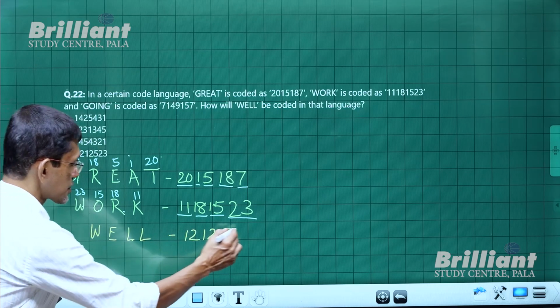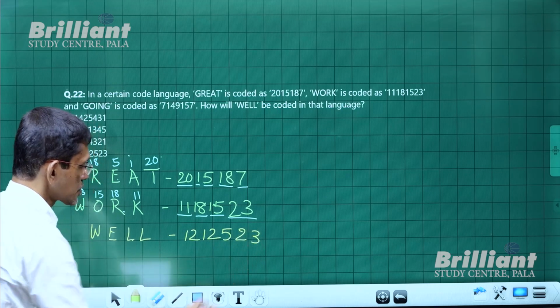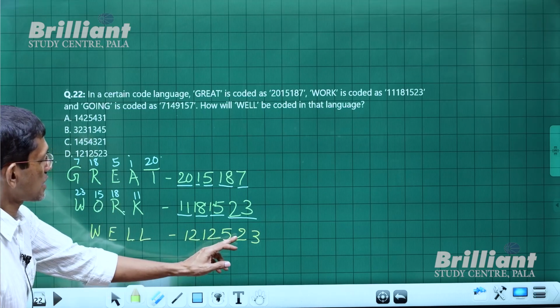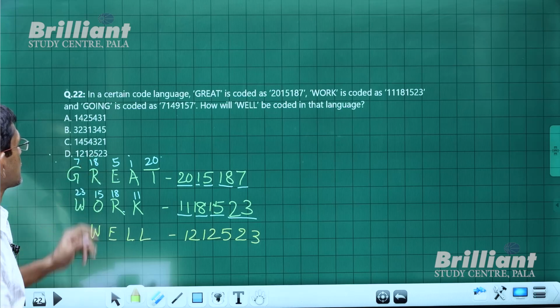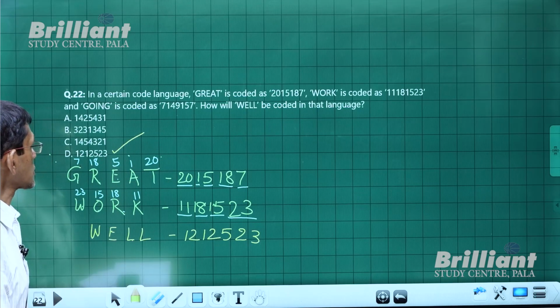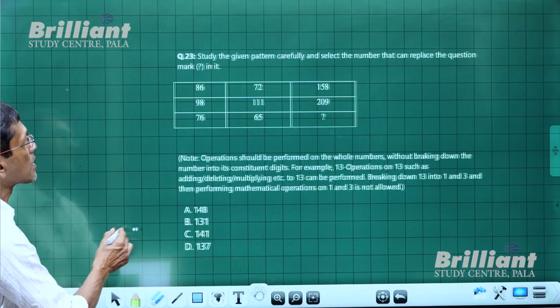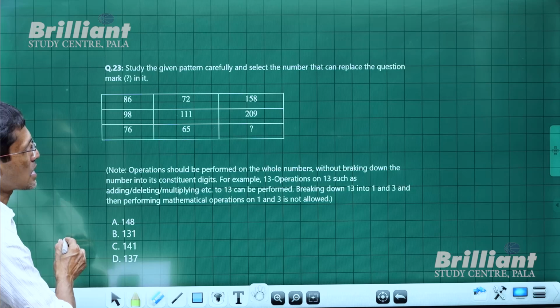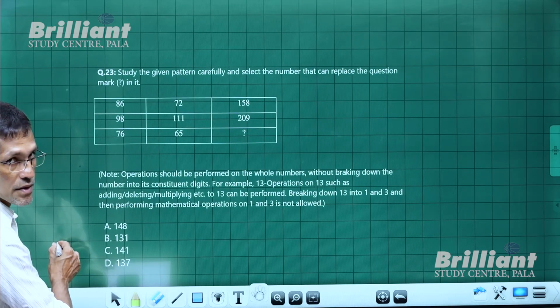Then W is 23. So 12, 12, 5, 23. So 1, 2, 1, 2, 5, 2, 3. So the last answer choice is correct. So answer choice D.